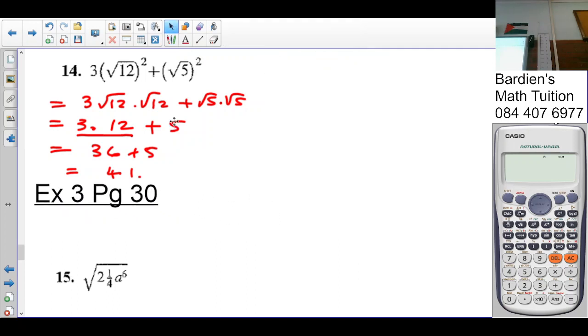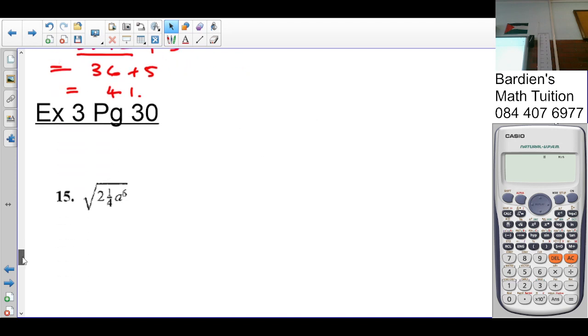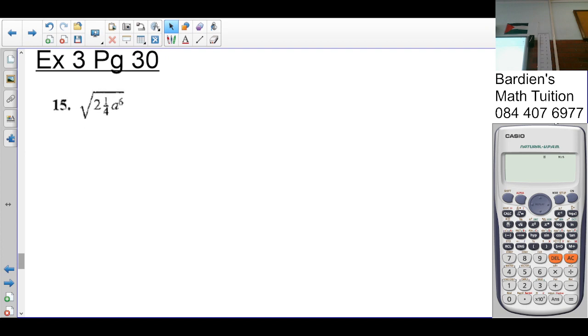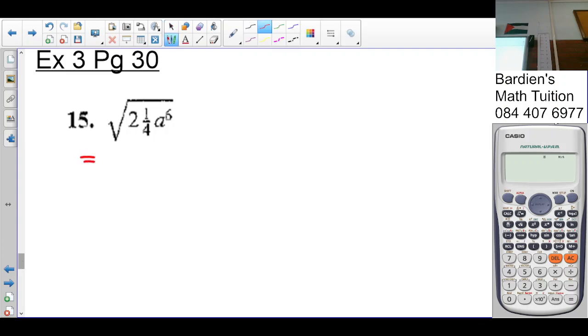Last one, number 15. The first thing is we need to change this to improper fraction. Not so? So 2 1/4 can be written as what? 9 over 4 a6.